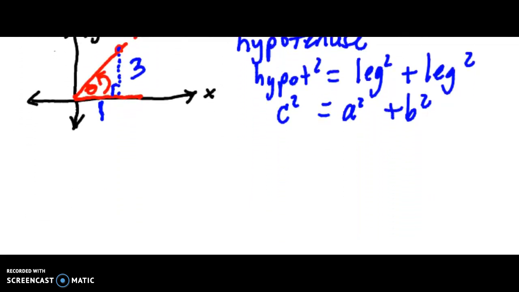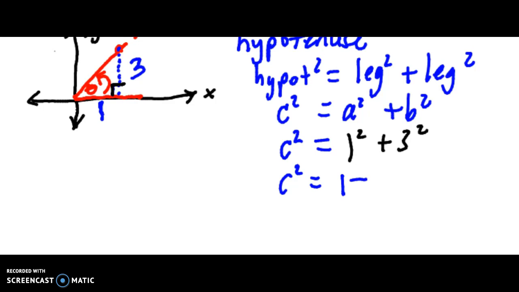Okay, so our hypotenuse, which is still our unknown, would be c squared. It's going to equal the legs, which are adjacent to the right angle: this leg is 3, the other leg is 1. So c squared equals 1 squared plus 3 squared. 1 squared is 1, 3 squared is 9, 1 plus 9 is 10.